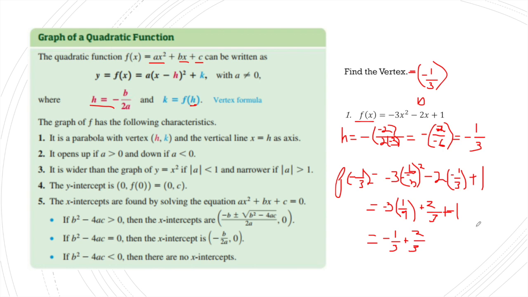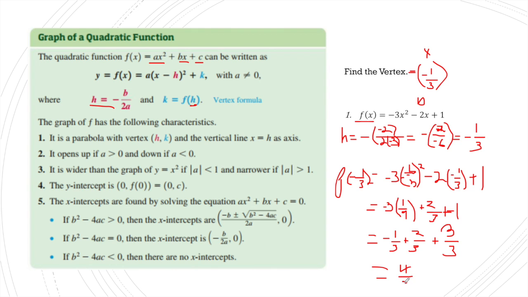Now all these fractions have 3 in the denominator. How can I write 1 as a fraction with 3 in the denominator? Remember that any number divided by itself is 1. So I can write this as 3 over 3. Now I have -1/3 plus 2/3 plus 3/3.